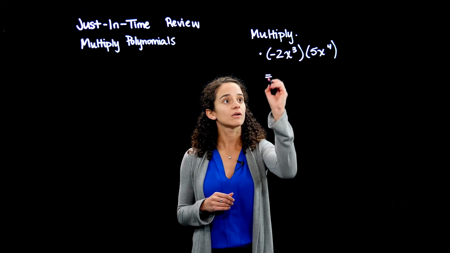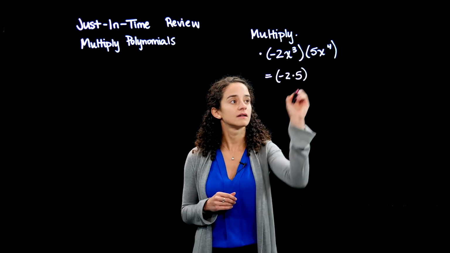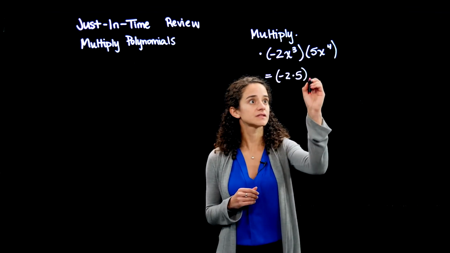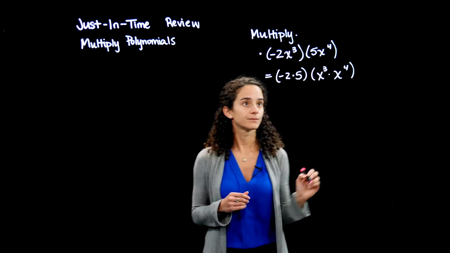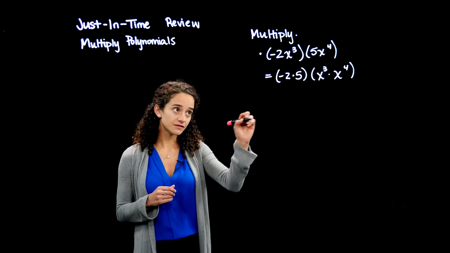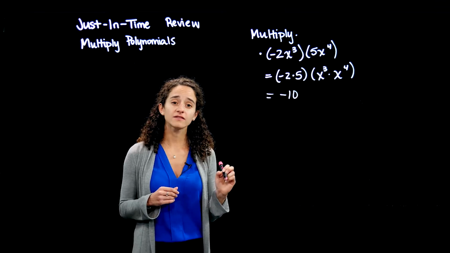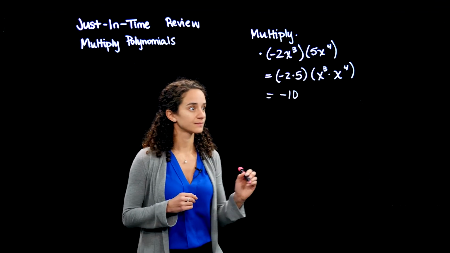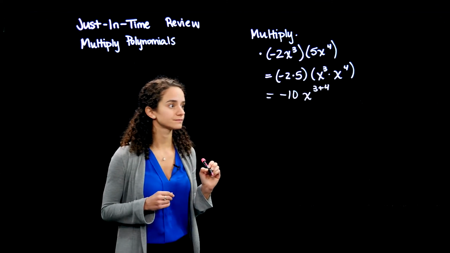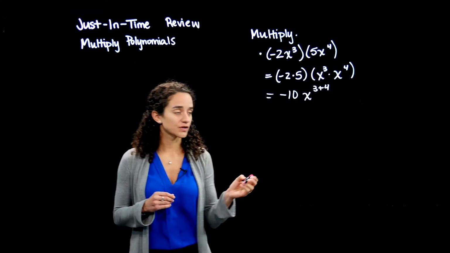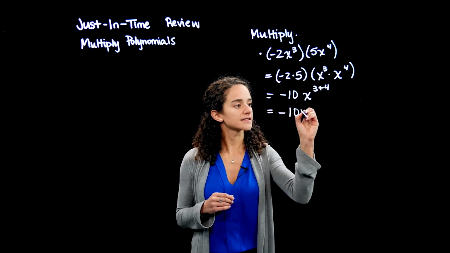And so multiplying coefficients, that's -2 times 5, and multiplying variables, that's x cubed times x to the fourth. -2 times 5 is equal to -10, and multiplying variables, we add their exponents. So this is x to the 3 plus 4. 3 plus 4 is 7, and so we get the opposite of 10x to the 7th.